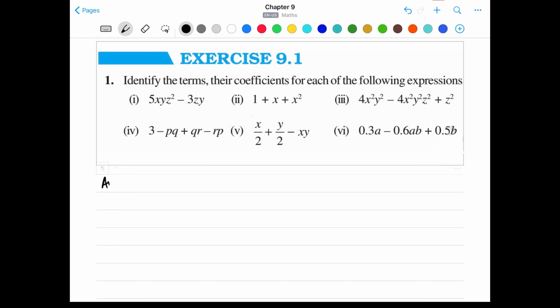So here we have three terms, 1, x and x square. So we'll write terms here are 1, x and x square, and the coefficient is, okay, as you know the coefficient is a numerical value, so here we have only 1, so its coefficient is 1.